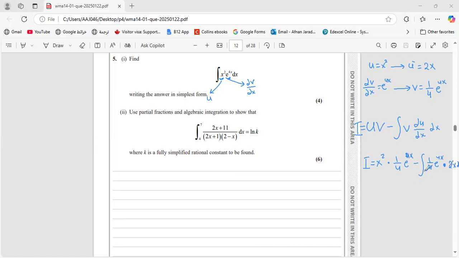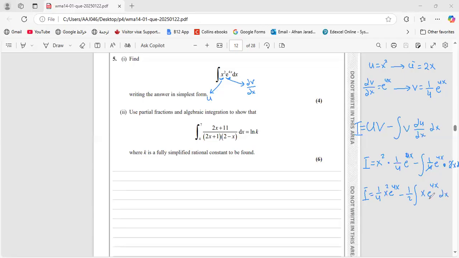Now 2 with 4 will be half. So the integration equals 1 over 4 x squared e to the power of 4x minus half integration of x e to the power of 4x dx.